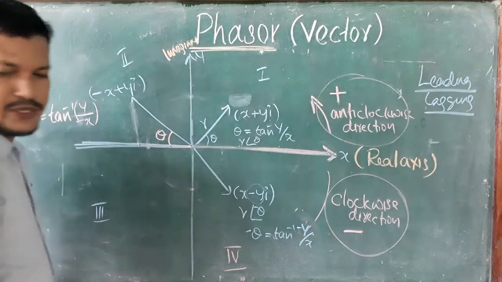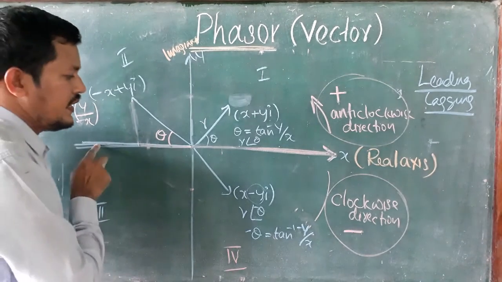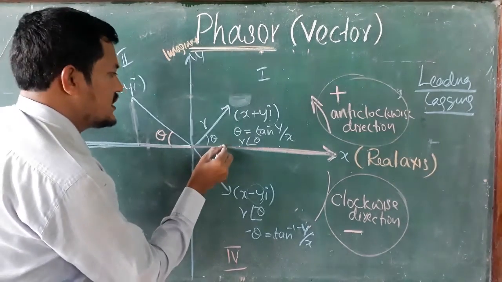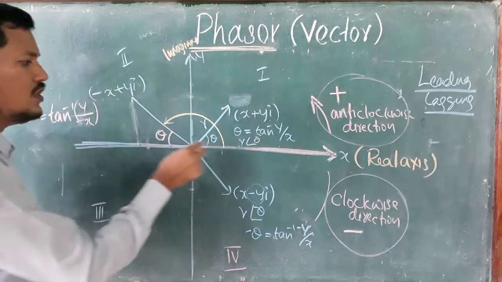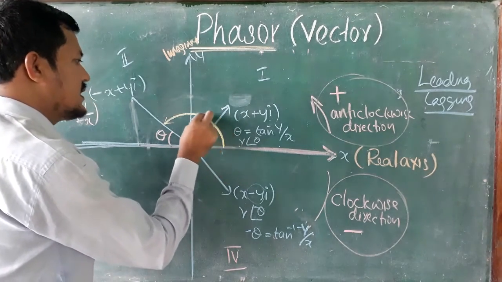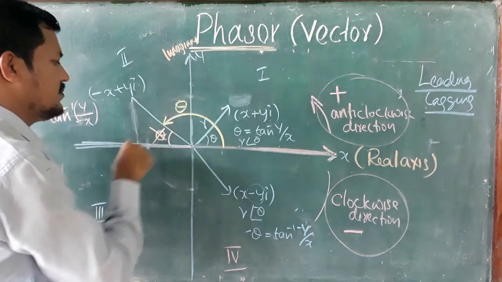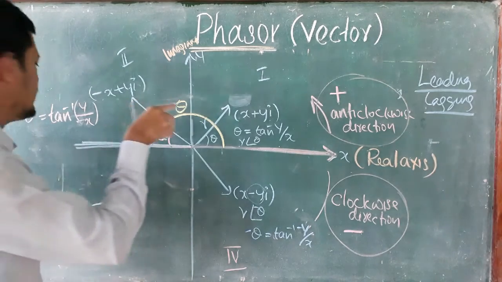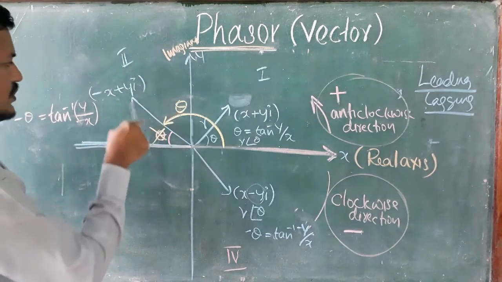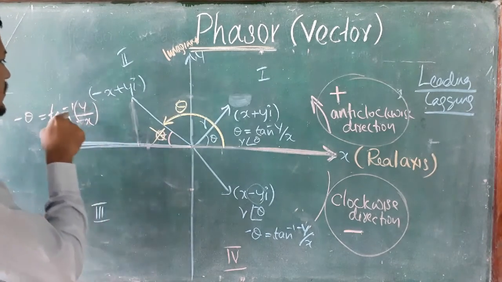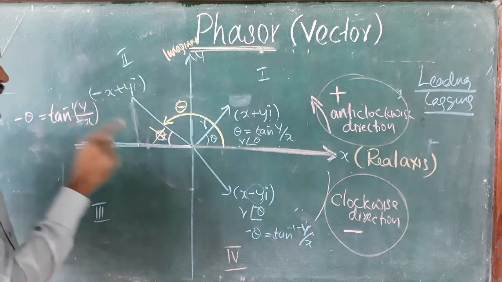But we want the angle with respect to the positive x-axis, not the negative x-axis. So we want this theta, not this theta. Clear? So what to do to find this? Doing this calculation, tan inverse of y by minus x, we will get a minus sign.